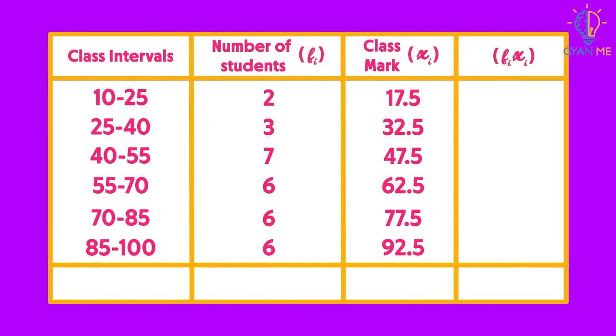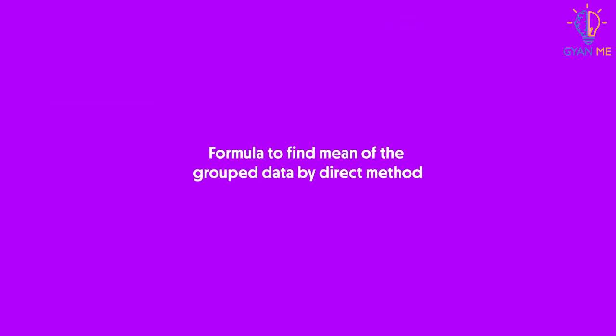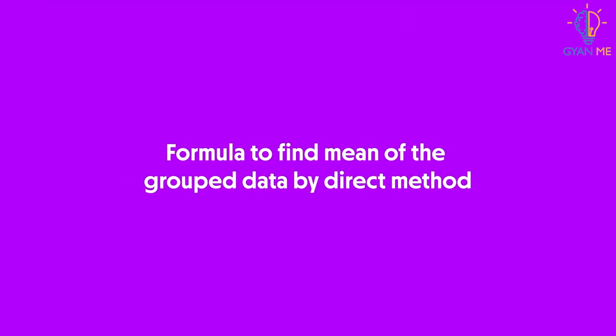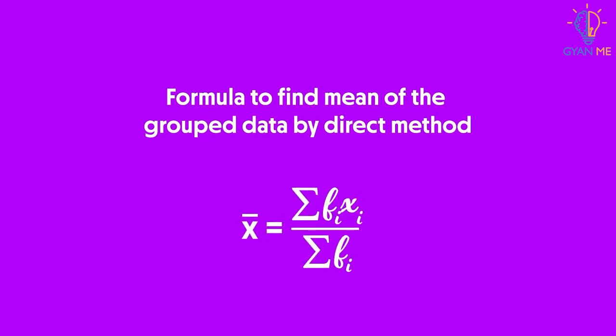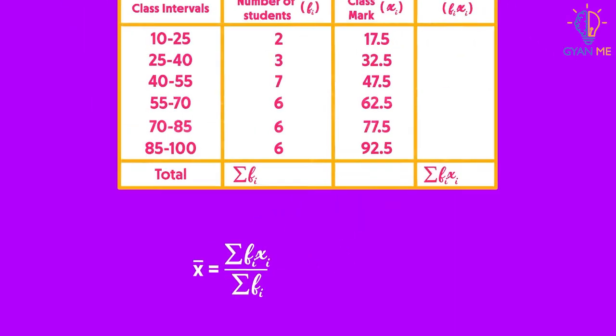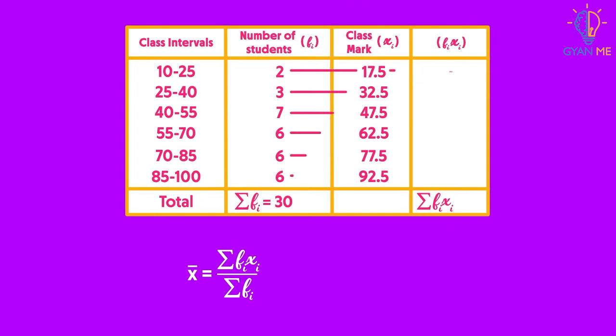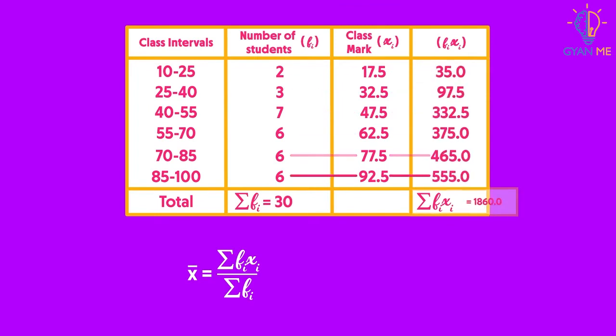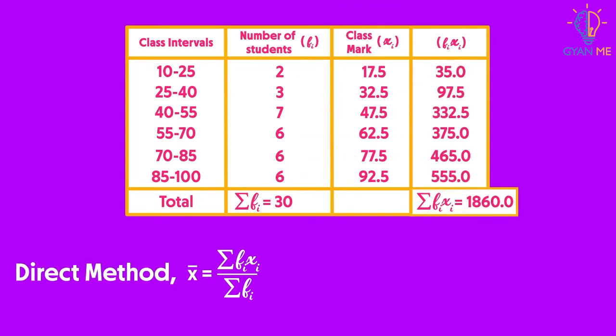So you already know, students, formula to calculate mean using direct method. Yes, exactly. It is sigma Fi xi upon sigma Fi. So students, use this formula and quickly find out mean of this group data by direct method.